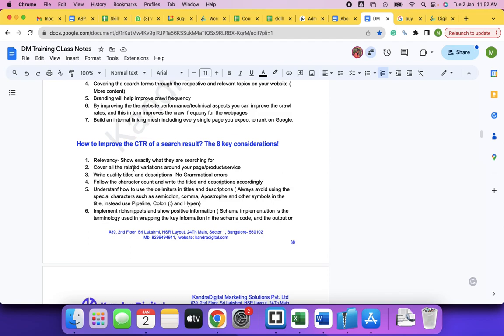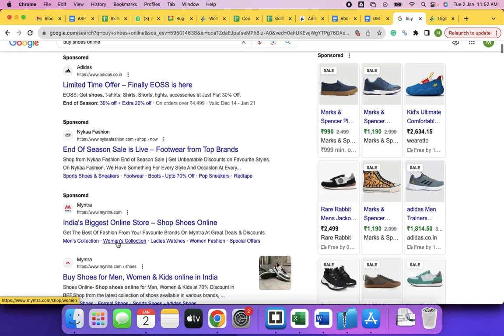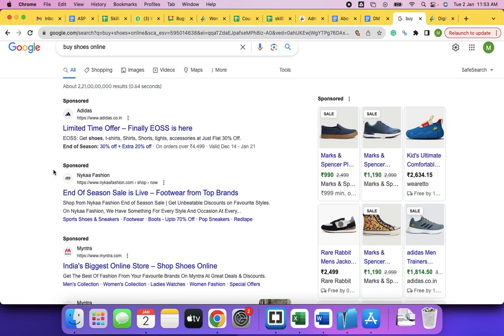Okay. So relevancy is one that plays a prominent role. If people are searching for buy shoes online, and you're stressing on only one brand, the chances of people clicking on it will drastically come down. See, if somebody is searching for Adidas shoes, and you're showing Nike or maybe Reebok or something else, the tendency of people clicking on it will come down.